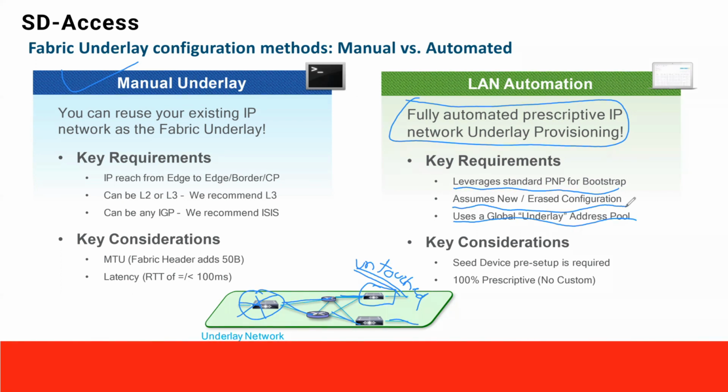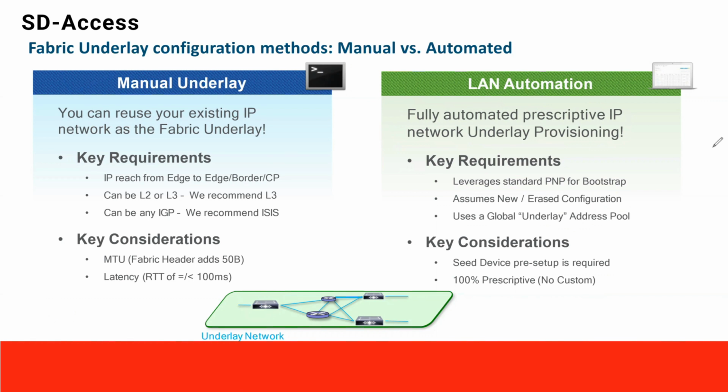We will be discussing in the design section what the different IP pools are. Now the key consideration is seed device pre-setup is required. This we need to do from the DNA Center, and it is 100% prescriptive. That is, everything is scripted. You have to just plug in and that's it.